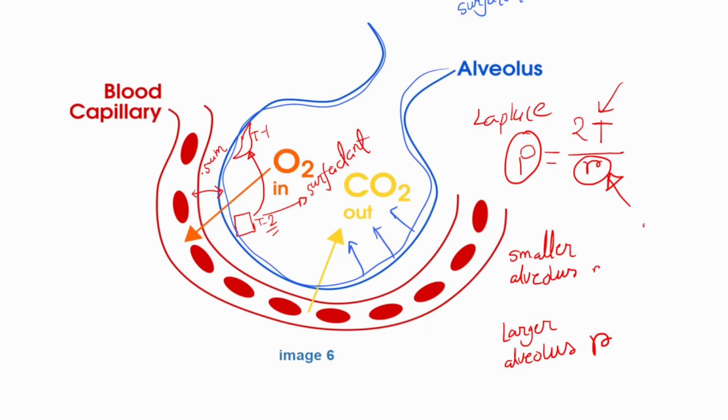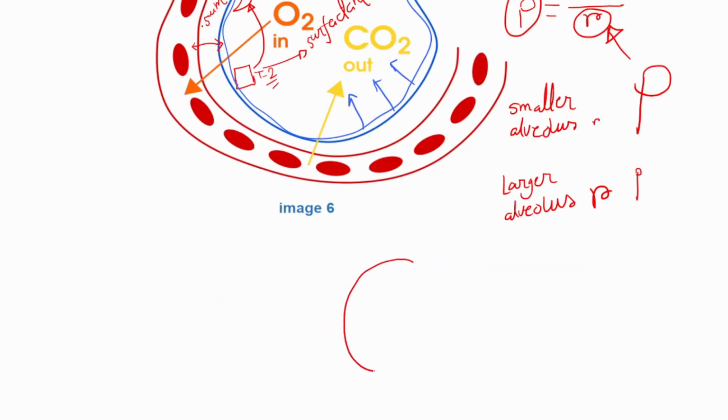That's why pressure will be very high in the case of a smaller alveolus, and larger alveoli will have small pressure. So let's draw one large alveolus, one small alveolus. The pressure inside the large alveolus is very small. The pressure inside the small alveolus is very high. We just have calculated it with the law of Laplace.